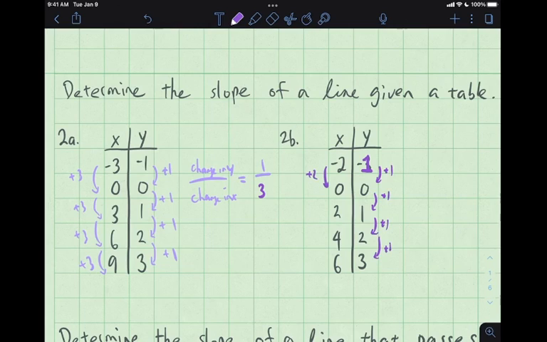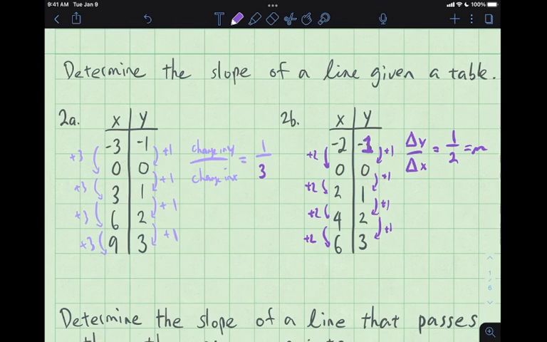Here we have a +2, +2, +2 pattern. So our change in y over change in x is 1 over 2. That's our slope. That's how you find slope given a table.